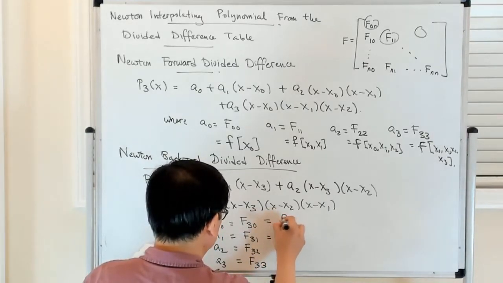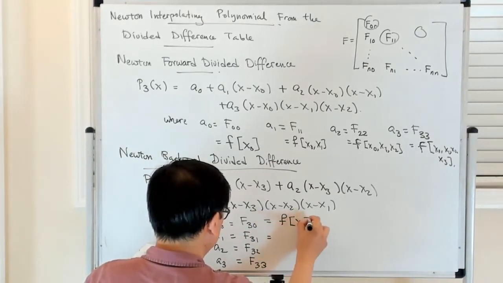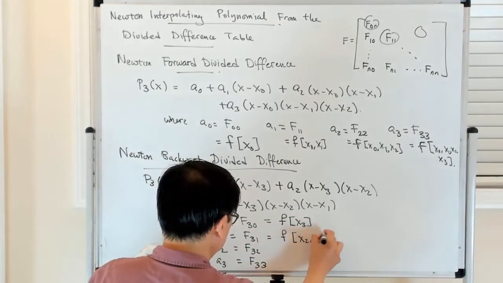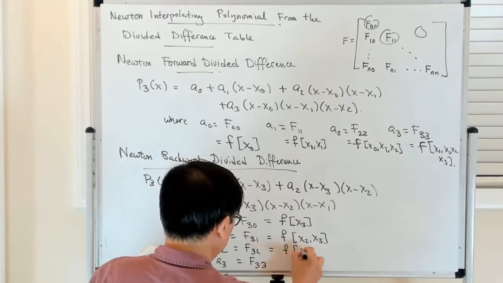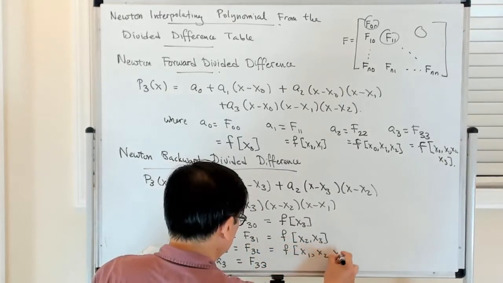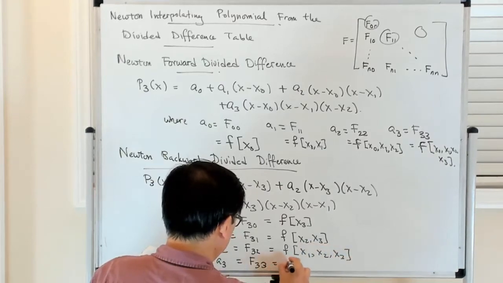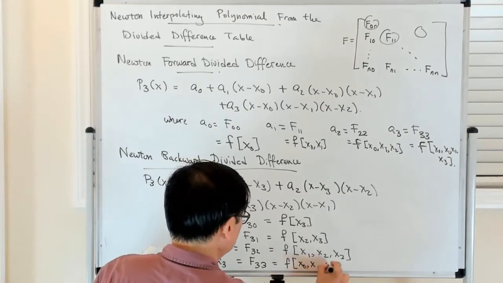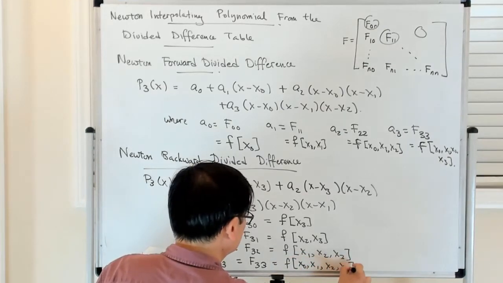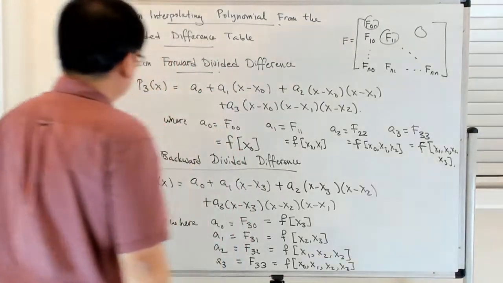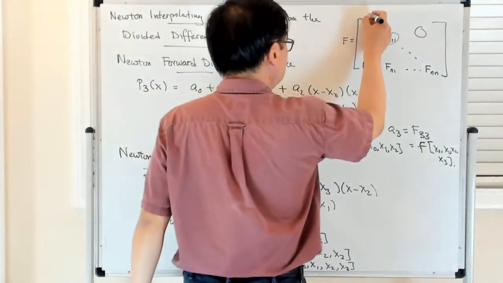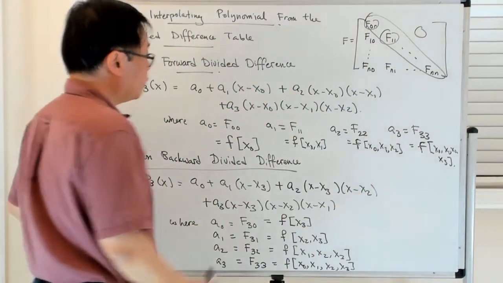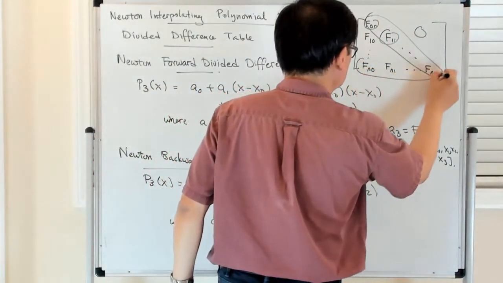So this is the divided difference at x3, this is the divided difference at x2, x3, this is the divided difference at x1, x2, x3, and this is the divided difference at x0, x1, x2, x3. In the forward form, you're using the diagonal entries, and in the backward form, you're using the bottom row.